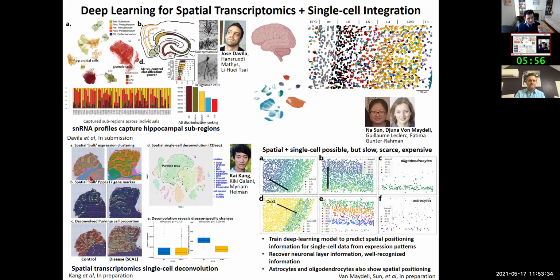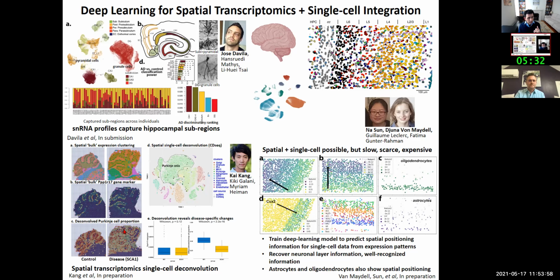We are also able to take spatial transcriptomic data sets, which I like to call mini bulk experiments, which are capturing multiple cells in every one of these little pucks, puck pixels, and then deconvolve it using this program that one of my postdocs developed previously, CDSeq. And we are able to distinguish changes that are happening between the proportion of different cells.